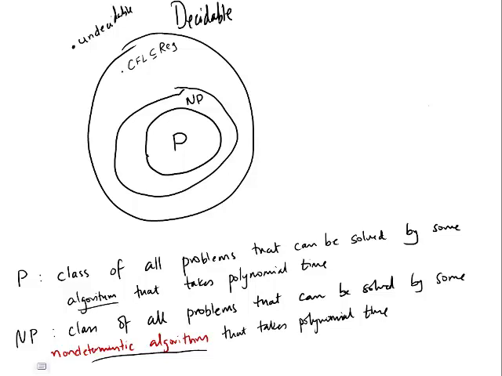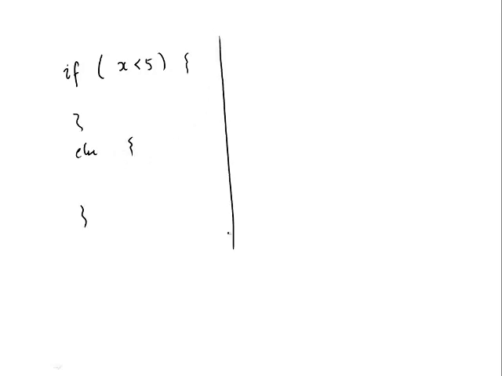If you know non-deterministic automata, NFAs, they're similar to NFAs. In your favorite imperative programming language, you could write something like: if x is less than five, then do something, else do something else. In a non-deterministic algorithm, you can do something like a guess.